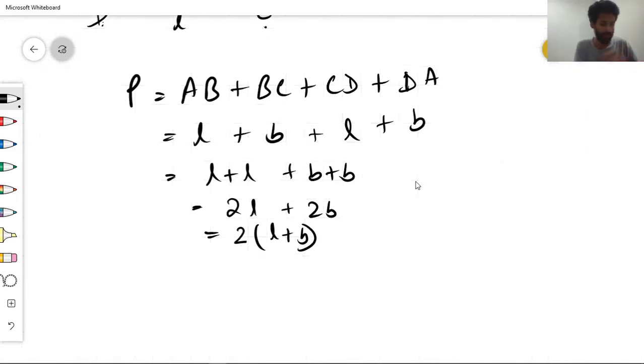Just write the formulas here because you will be needing them. Now the area will be length into breadth. LB, L into B.